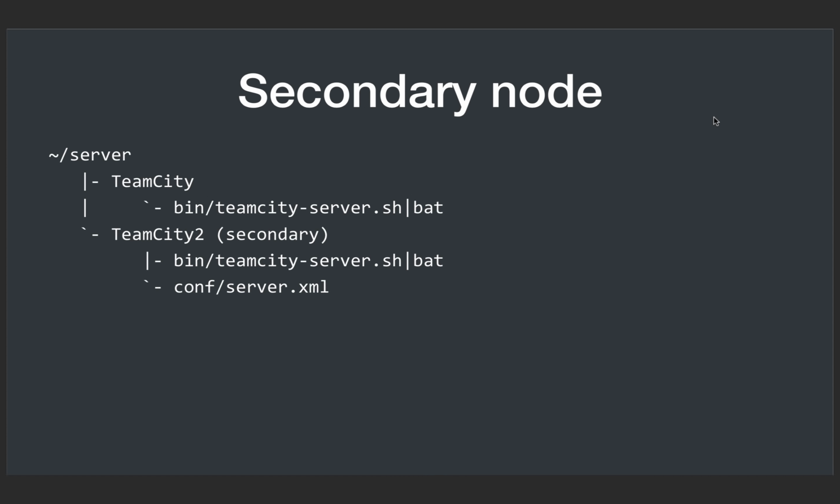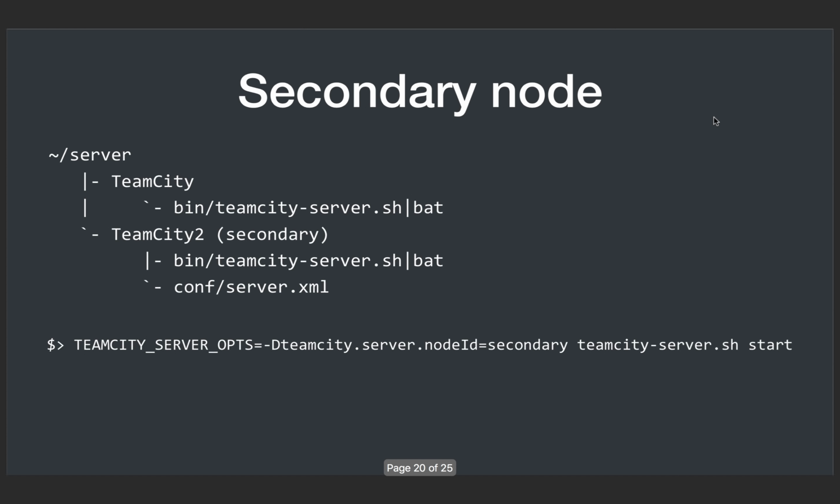So for installing the secondary node, obviously you will install that to a different host, but in my case here, to demonstrate how it works, I have installed two TeamCity servers into different directories and have modified the configuration accordingly so that it wouldn't occupy the same port on the same machine.